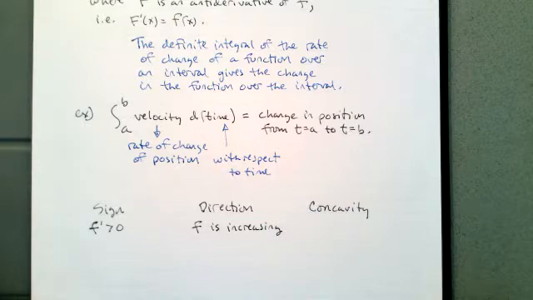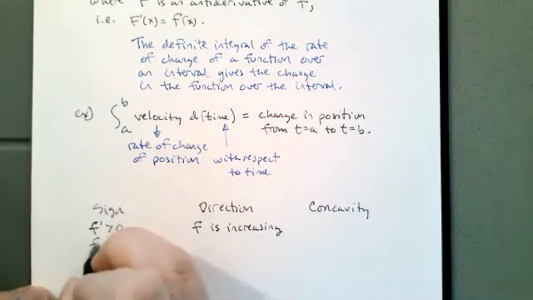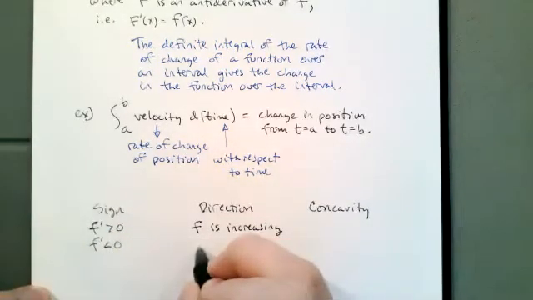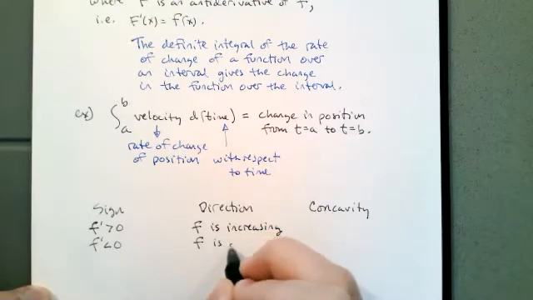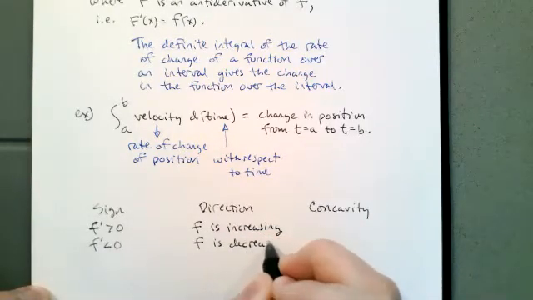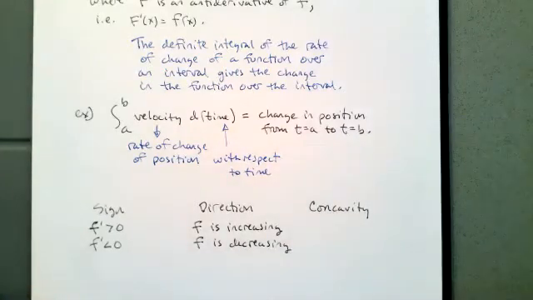And when the derivative is negative, that tells us that the function is decreasing. So the sign of the first derivative tells us about the direction of the function.